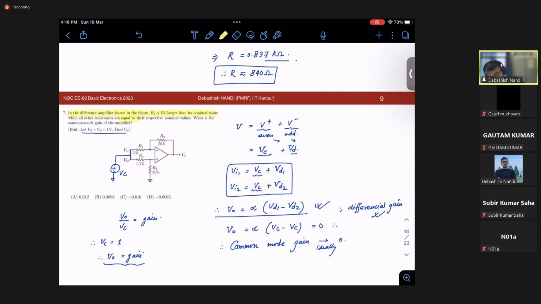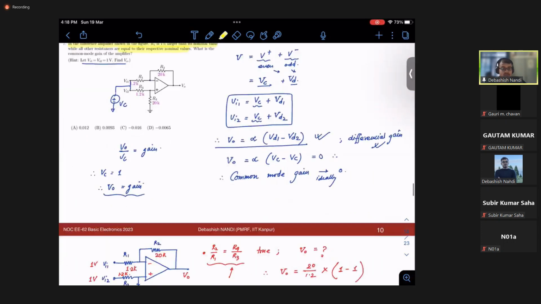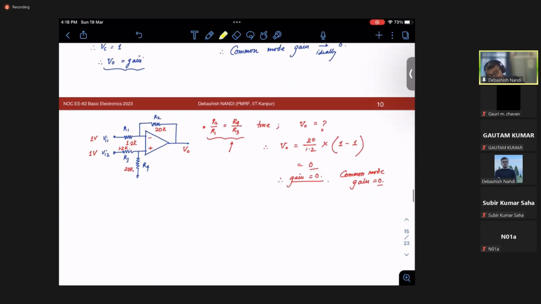So I will not have this formula valid, that means I will not have zero gain. I will have some very small gain, but it will not be zero because this condition is getting violated in the question.